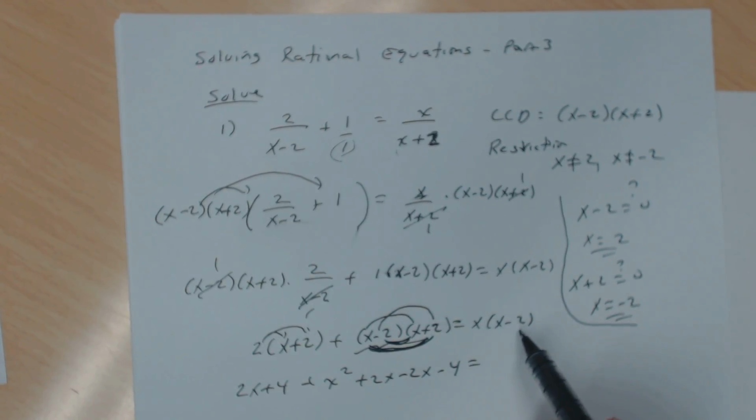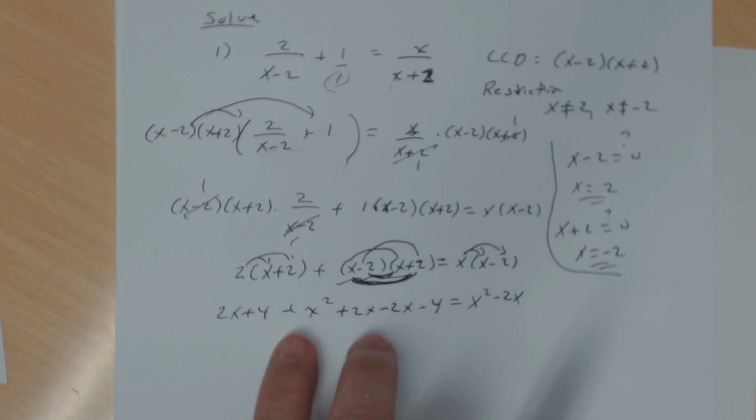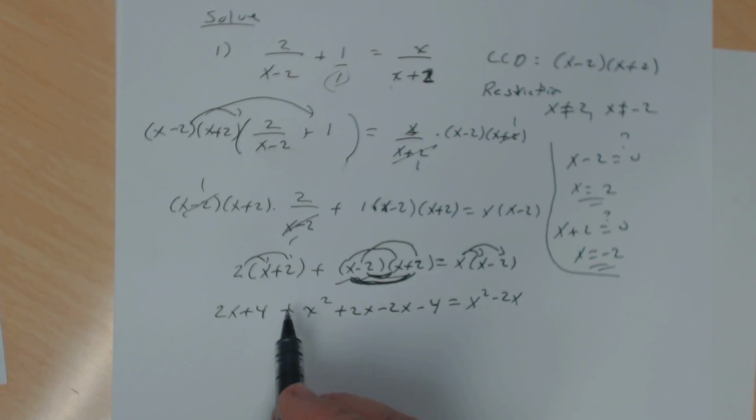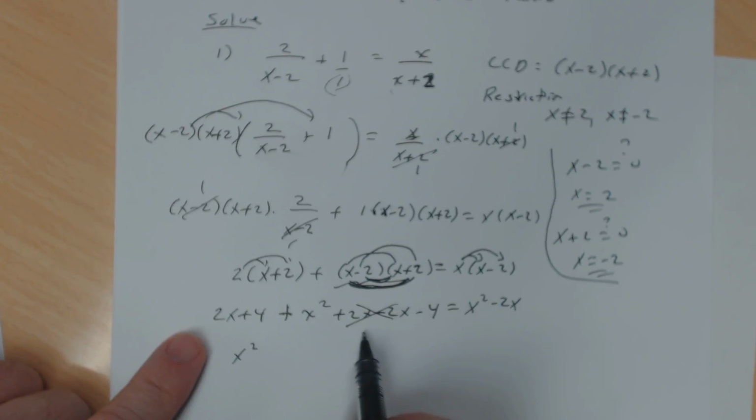And that's going to equal, over here, you can distribute, you get x times x is x squared. X times a negative 2 is a negative 2x. So that's where I'm at. Okay, combining like terms on the left. Let's see, I get x squared, that's a plus here. So I get x squared. Alright, now see this 2x minus 2x, that's 0. So they're opposites, so you get a sum of 0.